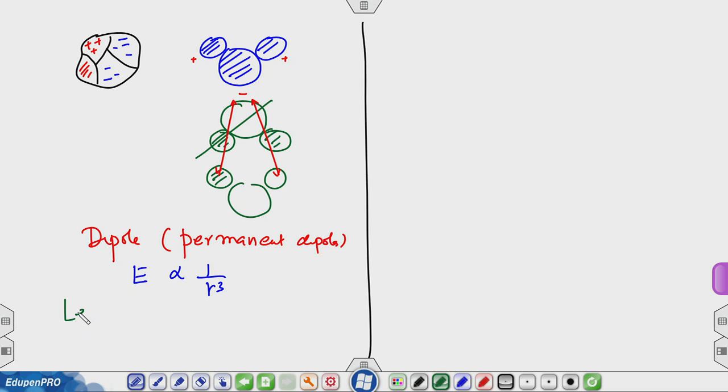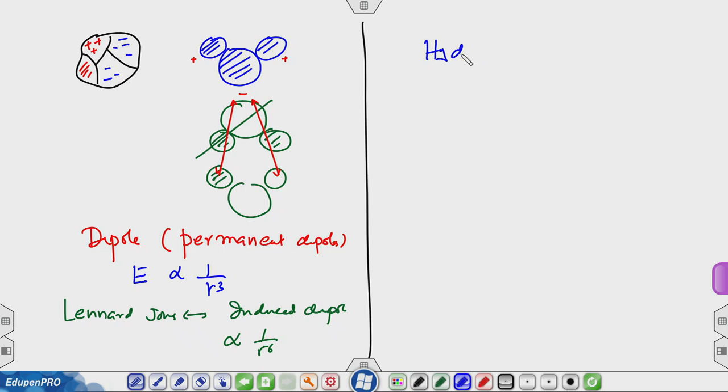And Lennard-Jones was induced dipoles, and this was proportional to 1 over r raised to 6. So, this makes it stronger. So, the various ways of looking at it, a system has elements that have different electronegativities and charges separate out, and those charges interact and give you the hydrogen bond.